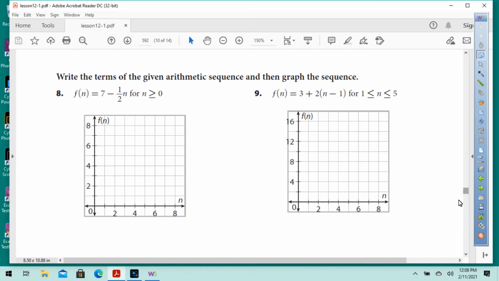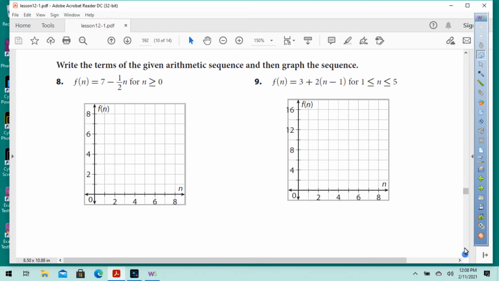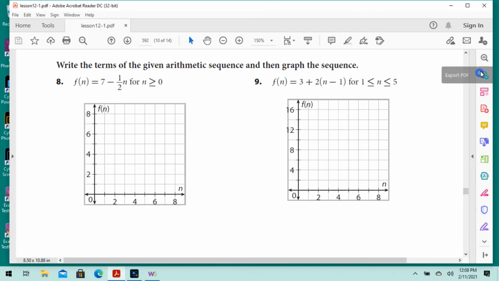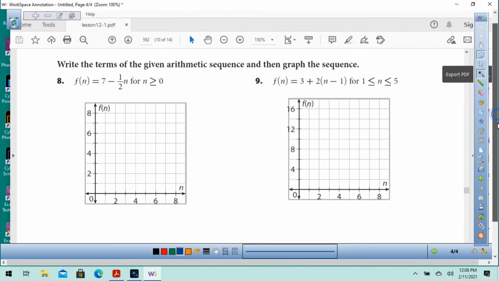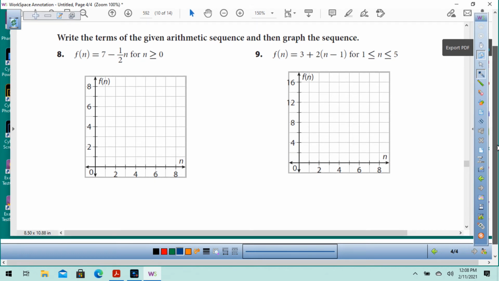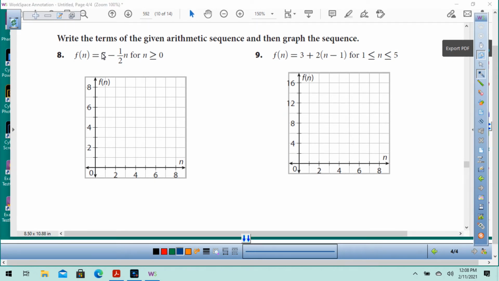Number 8, write these terms. Write the terms of the given arithmetic sequence and then graph the sequence. Okay. So let's write the terms. Starts at 0 here, right? So our first term is going to be 7. And we might do it like this. Let's do it like this.